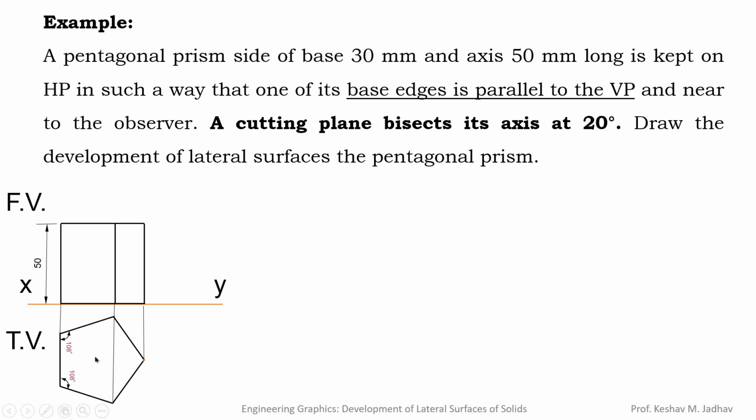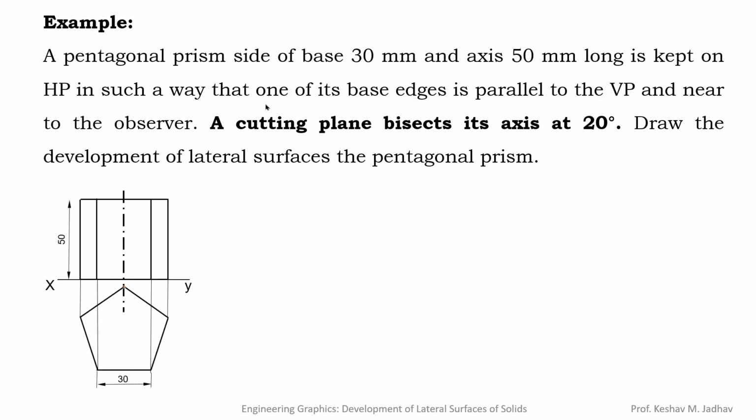So to find the center of the pentagon we need to bisect any two angles of the pentagon. So if I bisect this angle, it will be a horizontal line, and if I bisect this angle it will intersect at this point. So this is the center of the pentagon, and from this projection we can draw the center line for the pentagon in the front view. So this is the previous case in which this edge is parallel to the vertical plane.